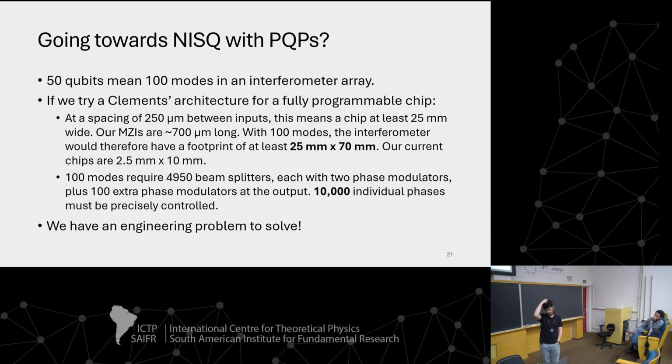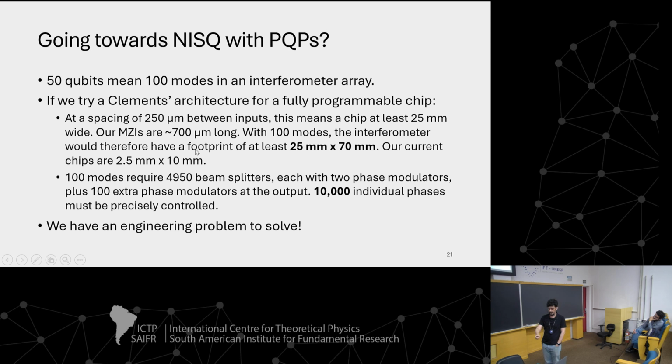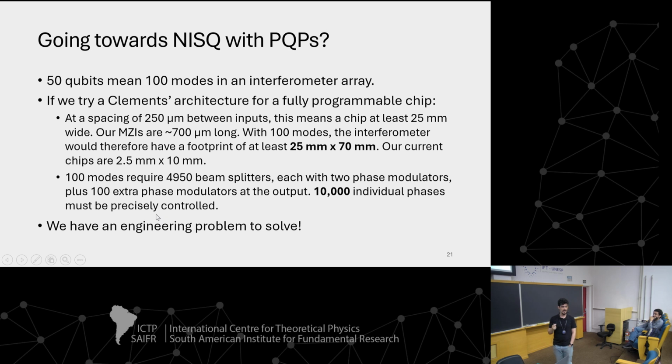So this is just to give you an idea of what would be required to go to the edge of NISQ with a photonic platform. It would not be so big, right? It's still manageable in terms of size, but it would require thousands of beam splitters, which would mean on the order of 10,000 individual phases that would be precisely controlled.